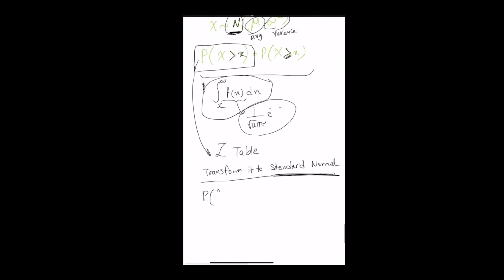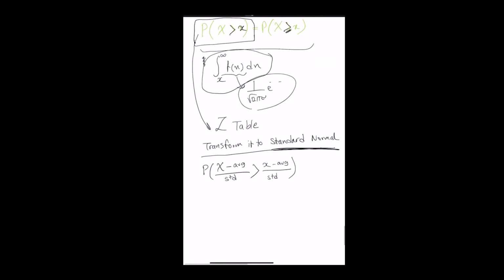We take x, we deduct the average, divided by the standard deviation, greater than x minus average divided by standard deviation.